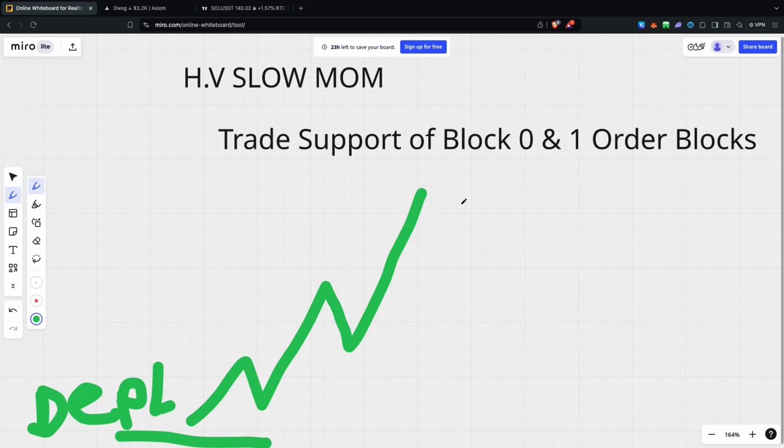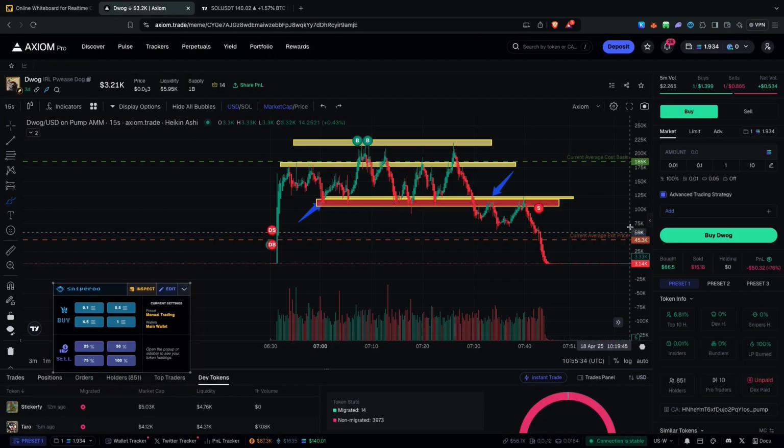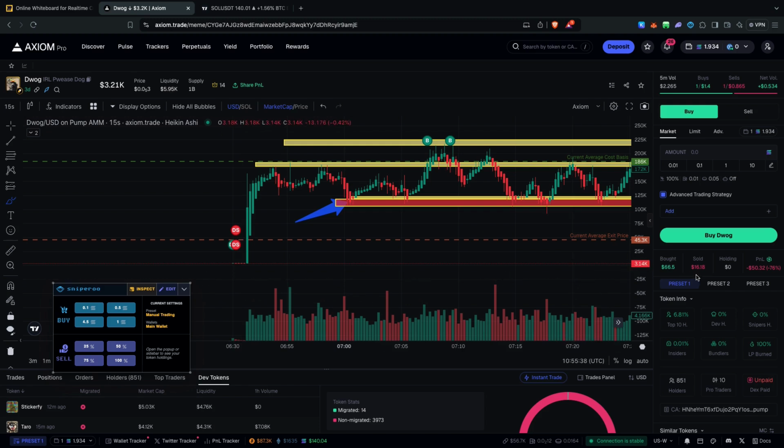So it moves up to a certain threshold, then it finds resistance. The first set of resistance is mostly dominated by these guys, by the block 0 and block 1. So now let's go to the chart. This particular chart was launched right over here.